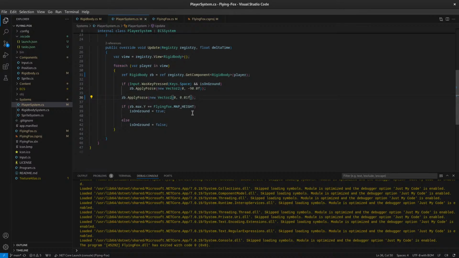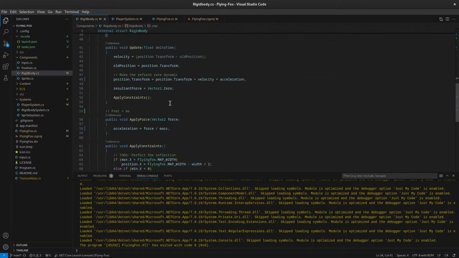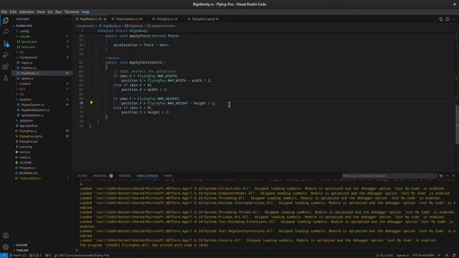This is gravity currently. And oh, here's another problem. The rb.max.y might not always be equal to the actual map height, so we can just say when it's greater than as well. That's for clarity, if you want to check it. And then we have constraints here.